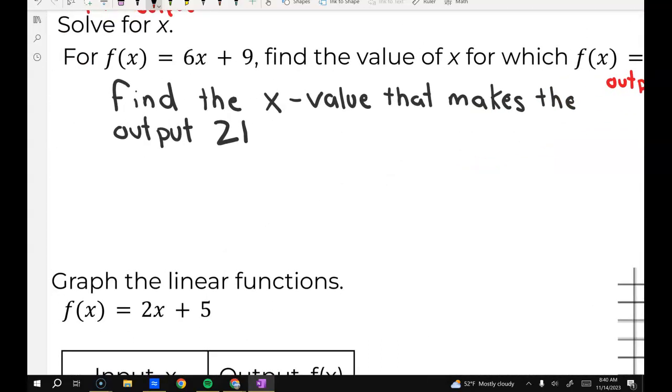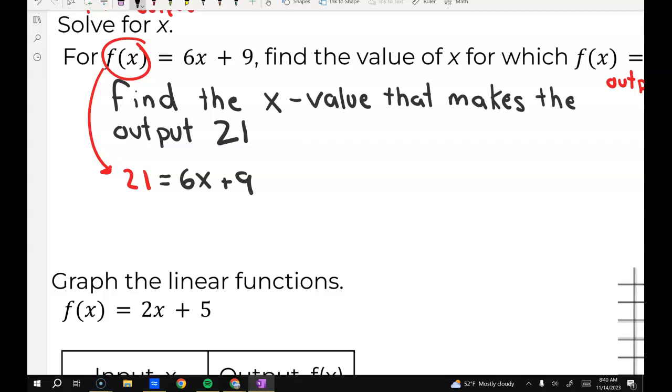So taking the original function, I'm replacing this f of x here with 21. So I'm going to write 21 is equal to 6x plus 9. Now this is an equation that we can solve for x.